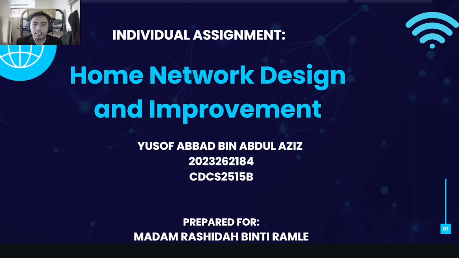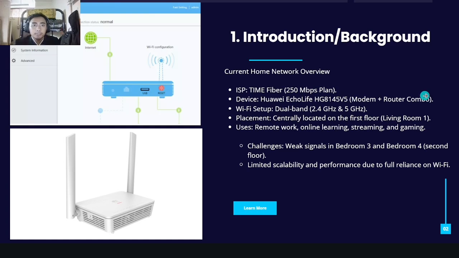So let's get started. We go through the introduction and background. The current home network is powered by Time Fibre, a leading high-speed broadband provider in Malaysia. The network uses the Huawei EchoLife HG8145V5, a GPON (Gigabit Passive Optical Network) terminal provided by Time Fibre, which acts as the modem-router combo.